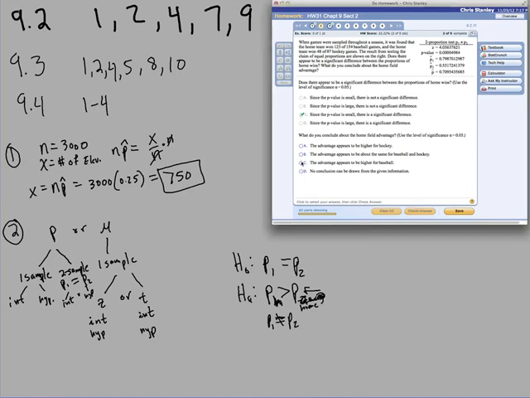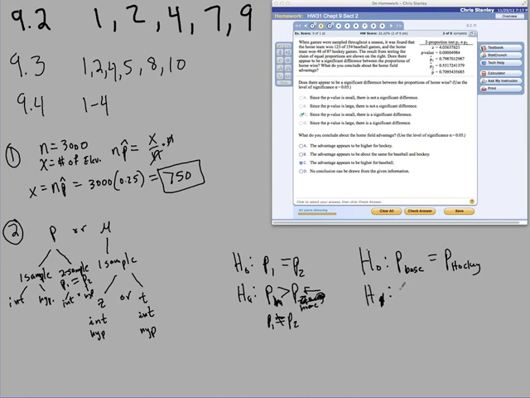I'm sorry, when I set this problem up, I didn't read it. So this would be the P for baseball, and this is the home game for hockey. This is the alternative, which they call H1. This would be baseball, and this is hockey. I thought they were comparing home versus away. So it appears that this number was significantly bigger than this number because our p-value was so small.